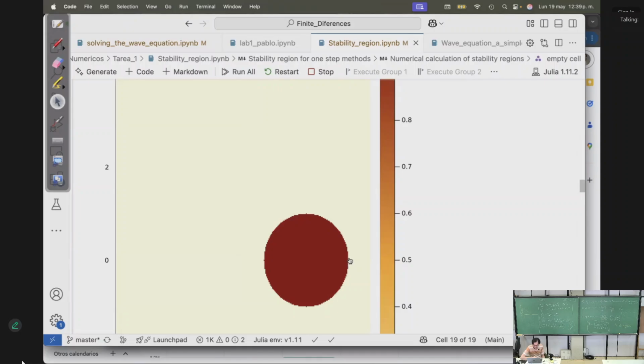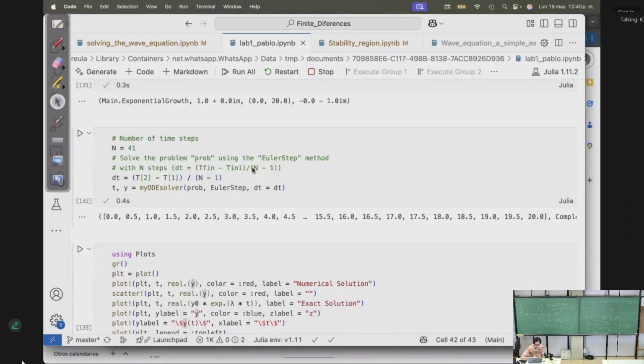So here what we actually have is delta t times lambda. No matter the delta t that we use, we will always be outside the stability region. If we were just a little bit inside here, then maybe we can take a delta t small enough that the method converges, right? But otherwise, no matter the delta t that we use, we will always be outside, right?